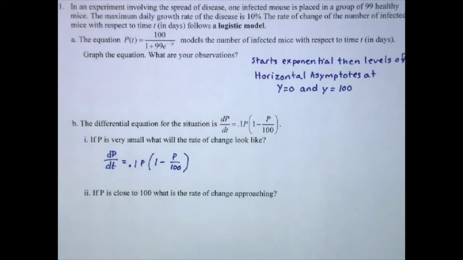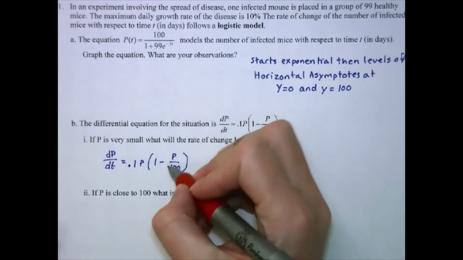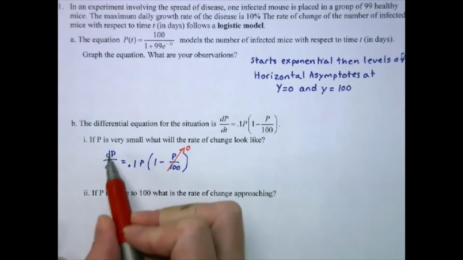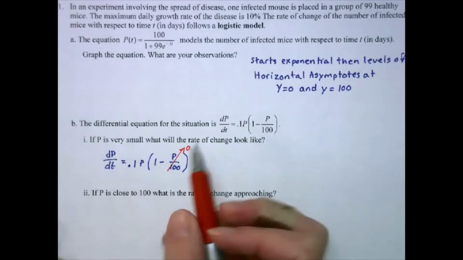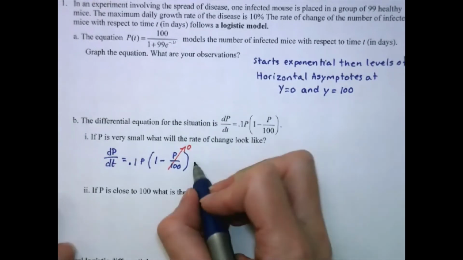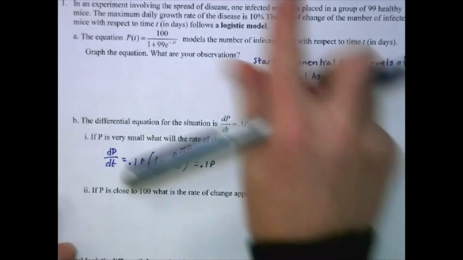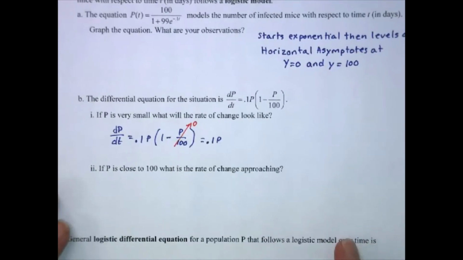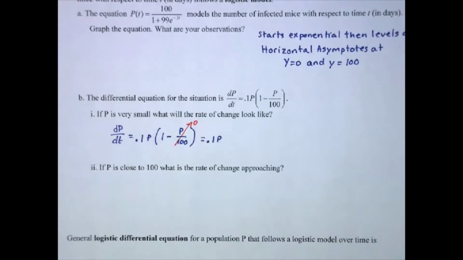Well, if P is very, very small, this is basically going to be 0. So what you're going to end up with is just dP/dt = 0.1P, which is going to be an exponential one, just like up here. So when P is very small, the rate of change is exponential.